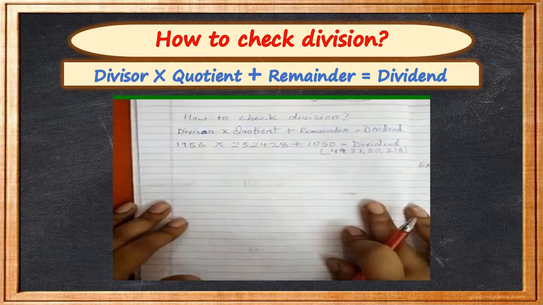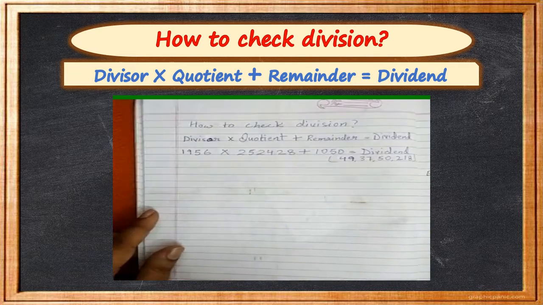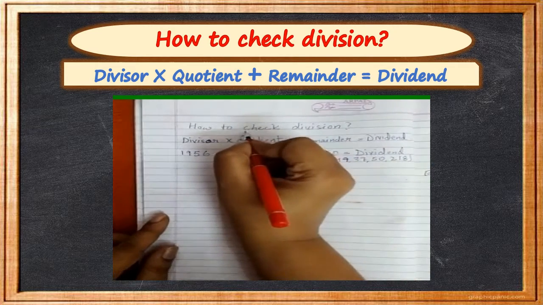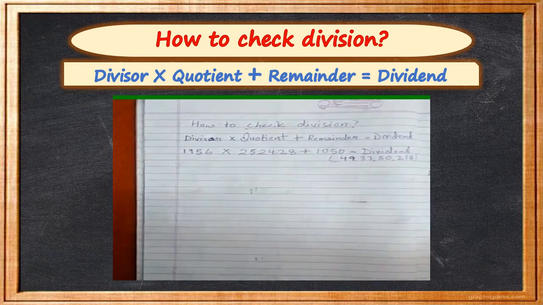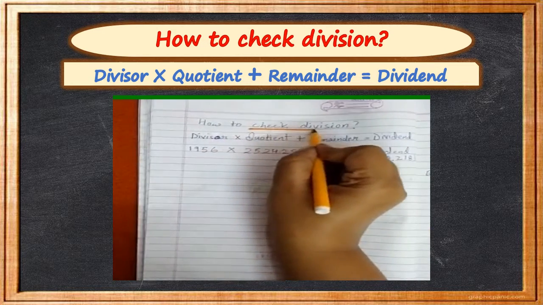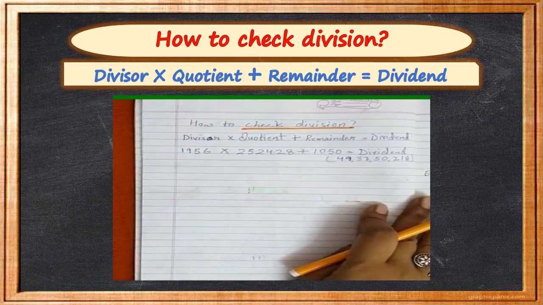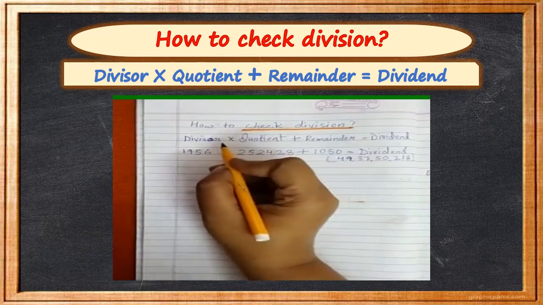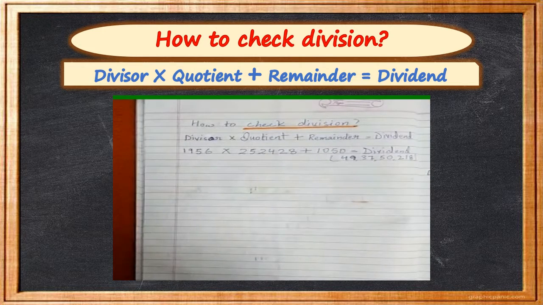Now children, we will see how to check our division, whether it is right or wrong. For this there is a formula, and the formula says divisor into quotient plus remainder, we get dividend.